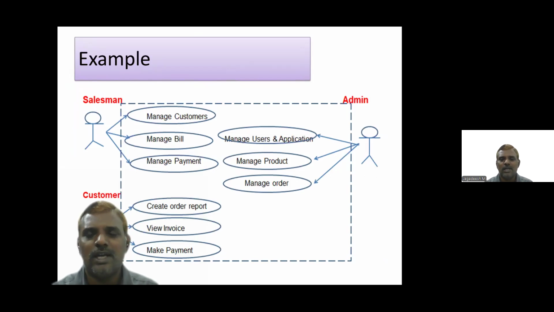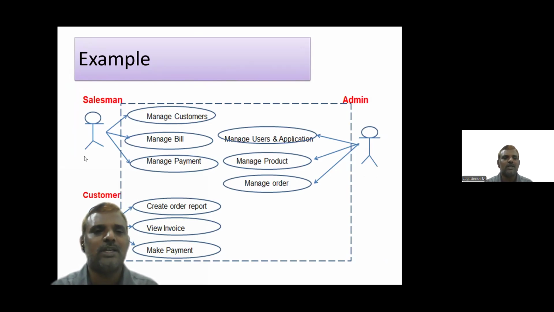Here I have given a detailed diagram. Detailed in the sense that in the previous example, I showed only one actor with one use case. Here I have taken three actors. When I was explaining the actors, I told you there are several types of actors like internal actor, external actor. So see here, salesman, because his role is to do sales, admin, who is a human, and customer.